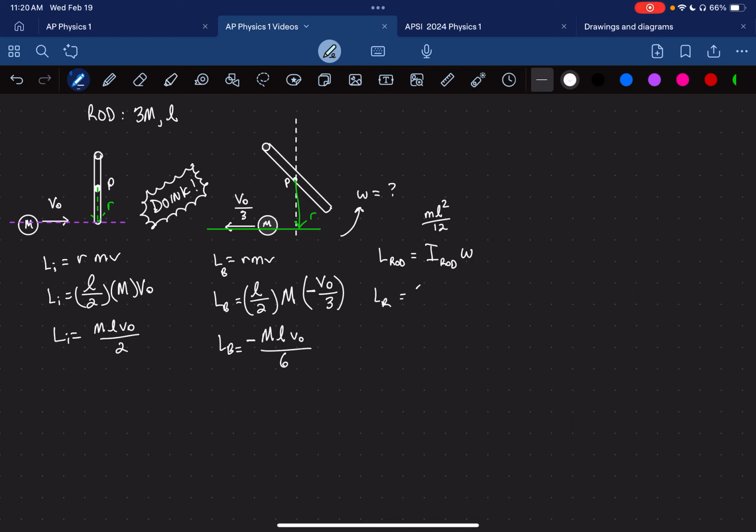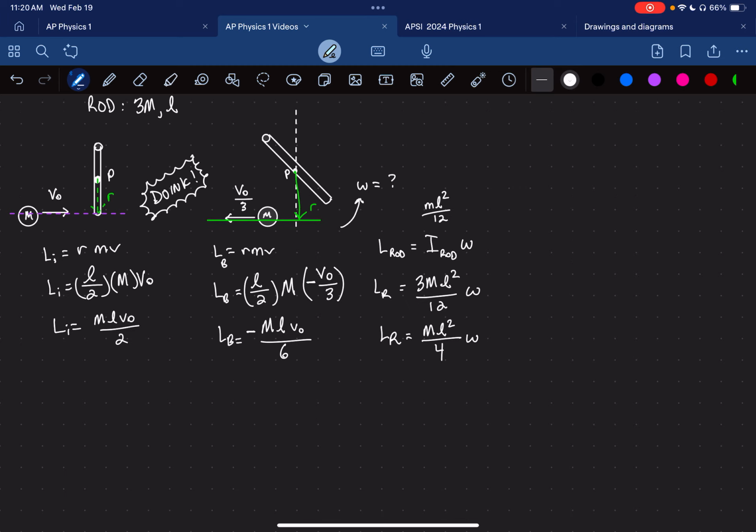So the mass of the rod is 3m. The length is L, so L squared over 12 times omega. So the angular momentum of the rod is m L squared over 4 times omega.